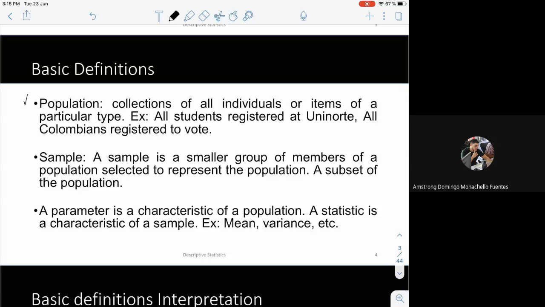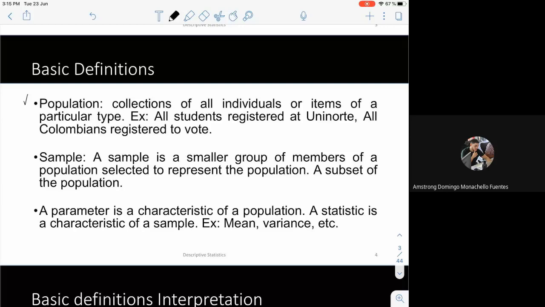So, for example, if I want to study the average weight of the students at Uninorte, the population will be all the students at Uninorte. Every single student that we have here, either undergrads or graduate students. So that will be the population.